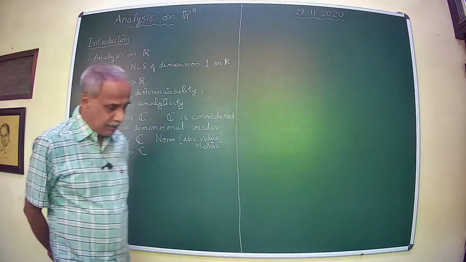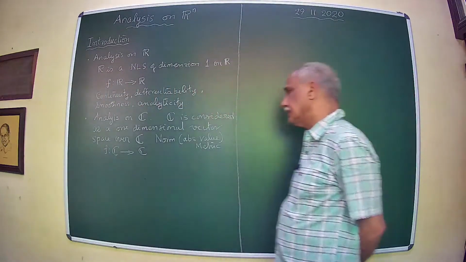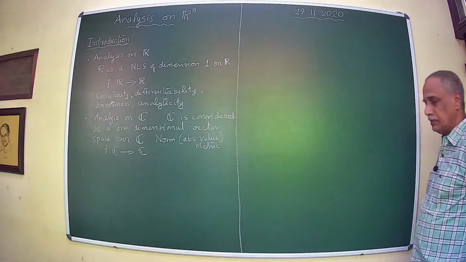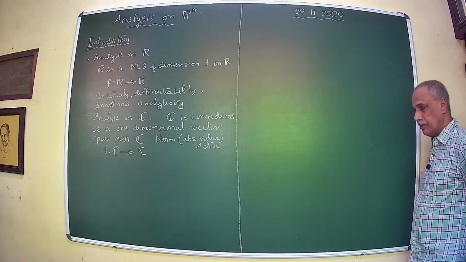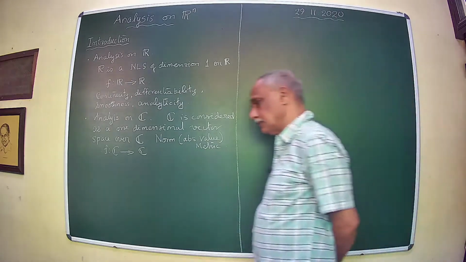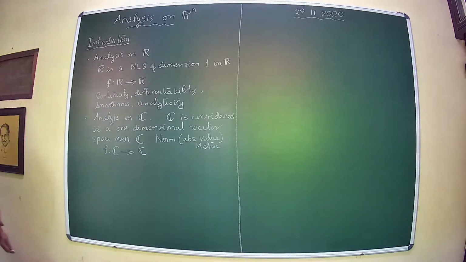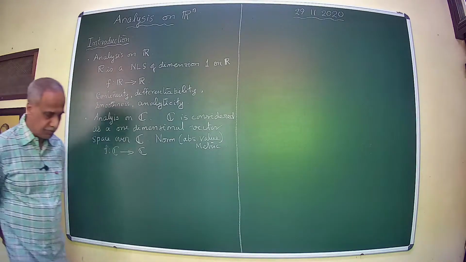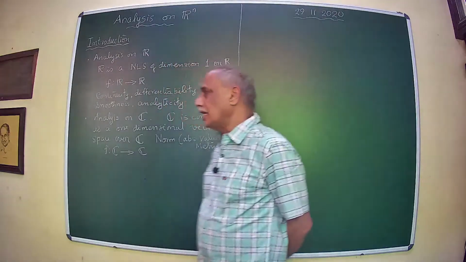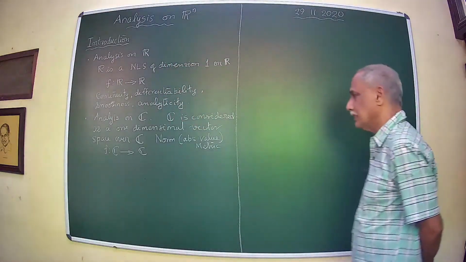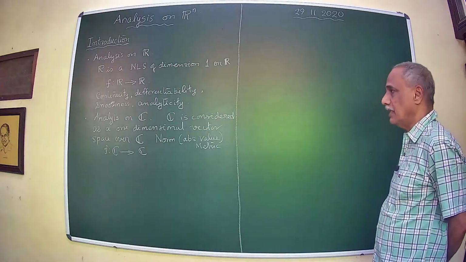And one more thing is that if a function is differentiable at a point, then the derivative of all orders exists, and the Taylor series expansion is convergent in some neighborhood of that point, and this is expressed by saying that f is analytic.